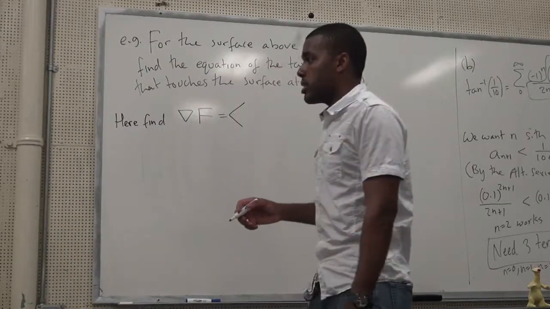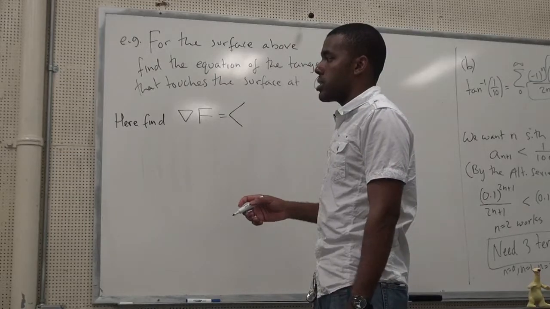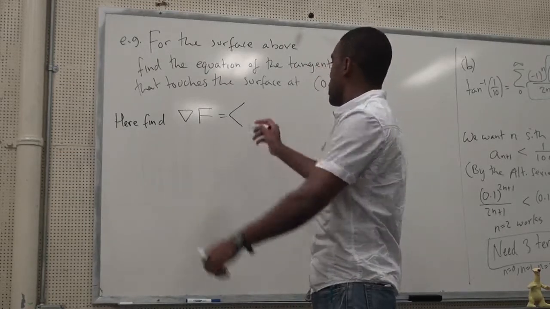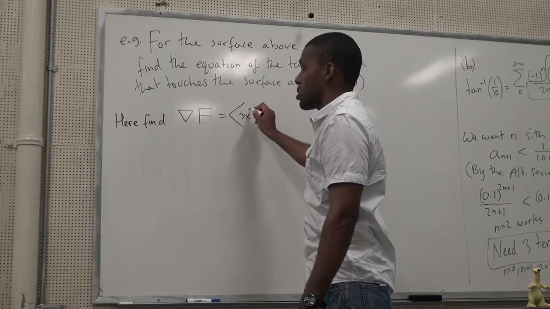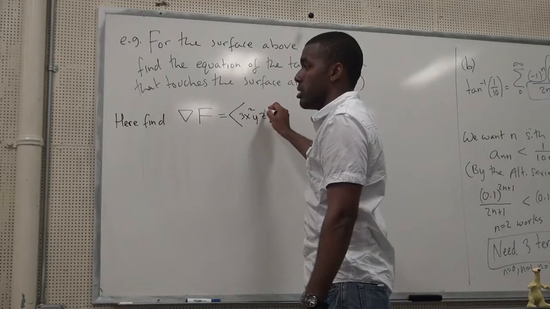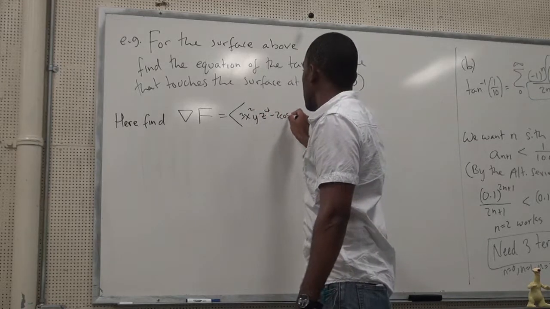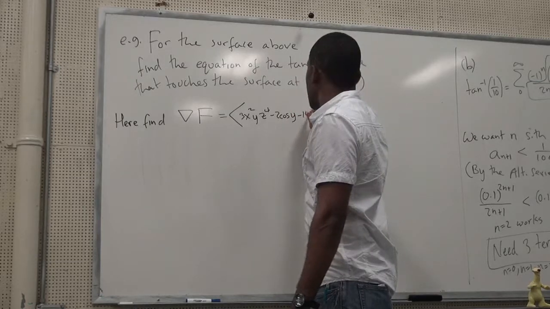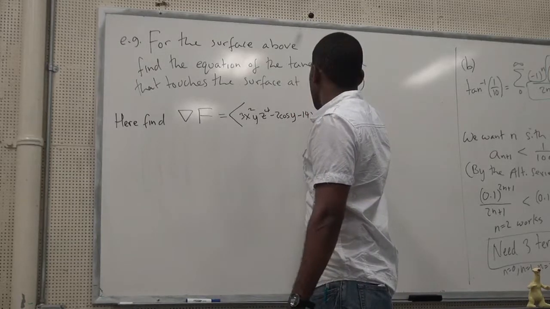In this case, I take the partial with respect to x, which I did there already. So this is 3x squared yz to the 4th minus 2 cosine y minus 14x minus 2z.